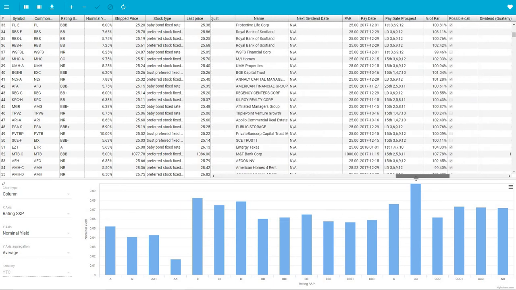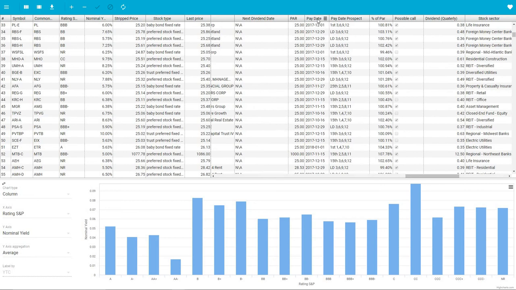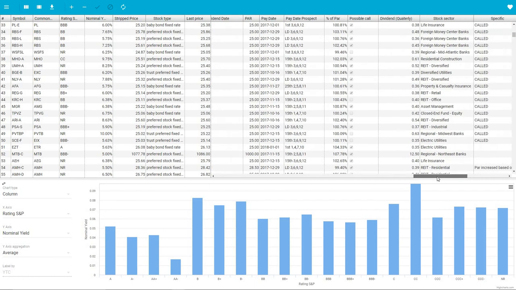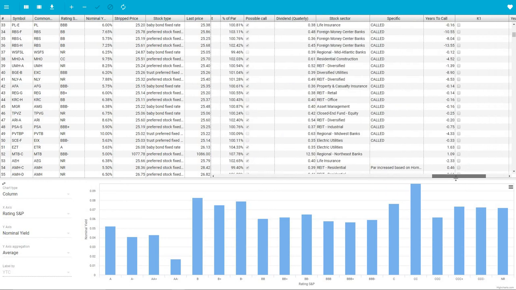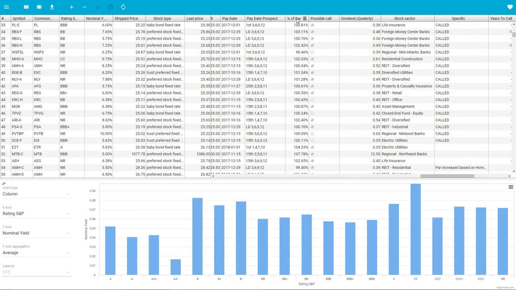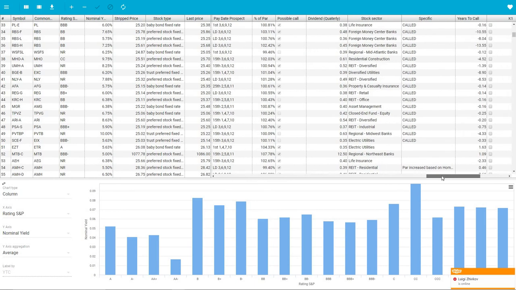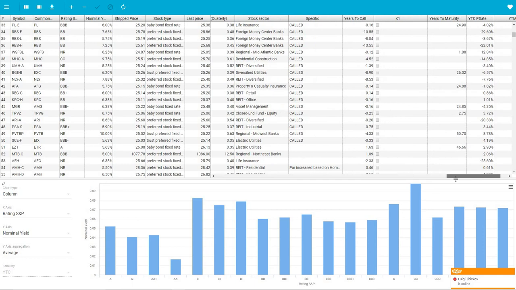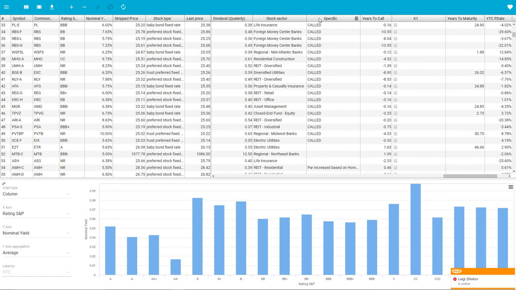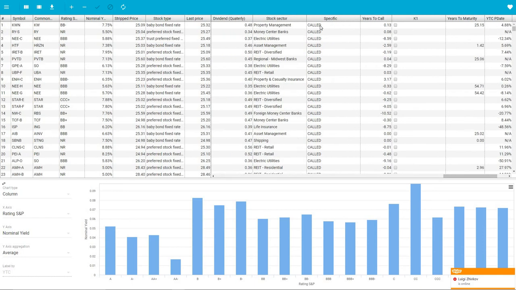And here you can see also the pay date, the next pay date, and here you can see what percentage of par every single security is trading at. It is based on the strip price as well.